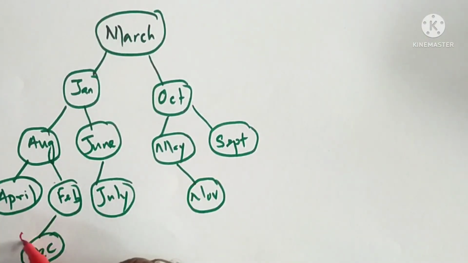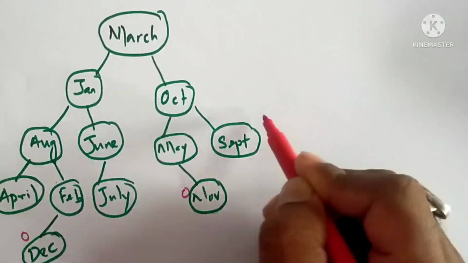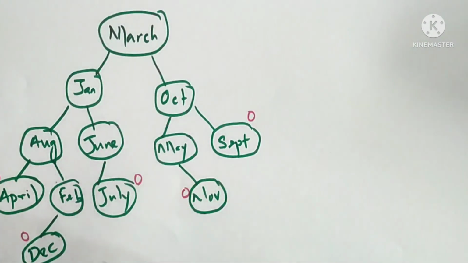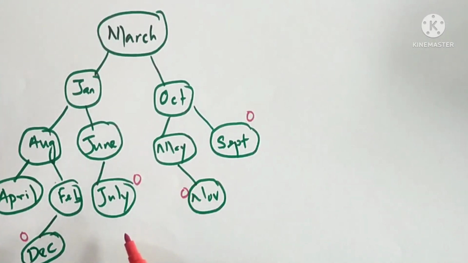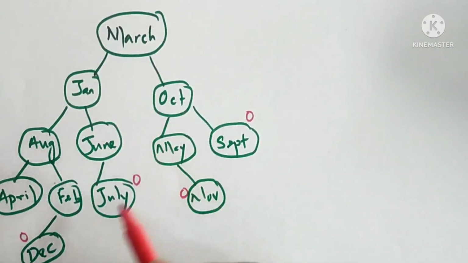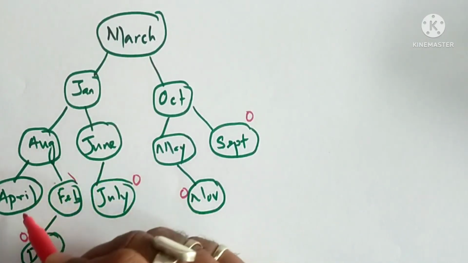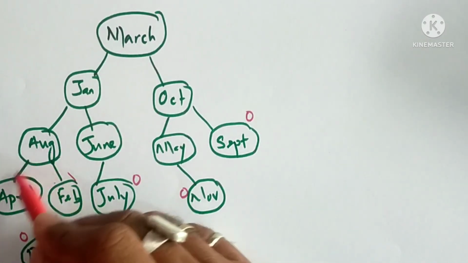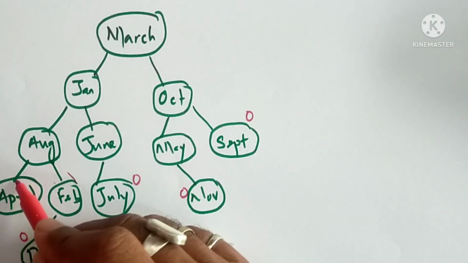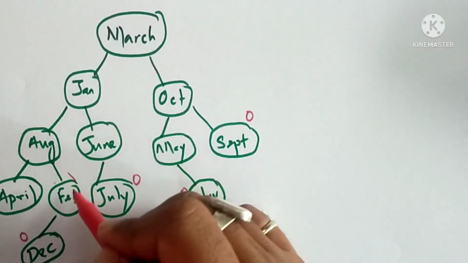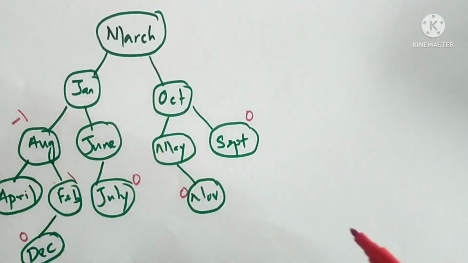First we assign the balance factor of leaf nodes as 0. Then what is the balance factor of February? 1 minus 0, that is 1. For August, the left subtree height is 1, right is 2, so 1 minus 2 is minus 1.